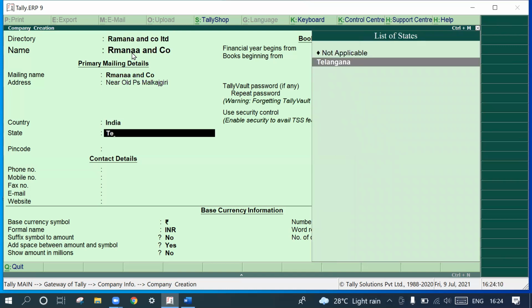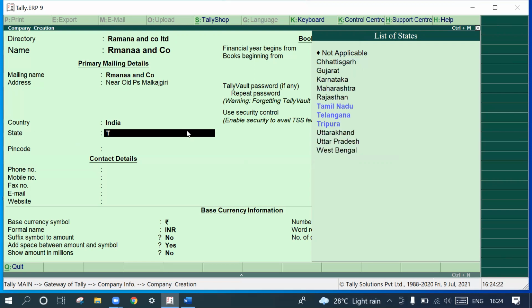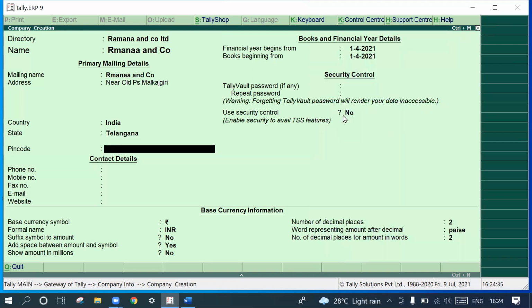We are in Telangana. So beside the state, we simply enter TE on the keyboard so that at the right side we can see the different names starting with T. So Tamil Nadu, Telangana, Tripura. But we want to enter Telangana, so we simply click on Telangana so that it is saved.